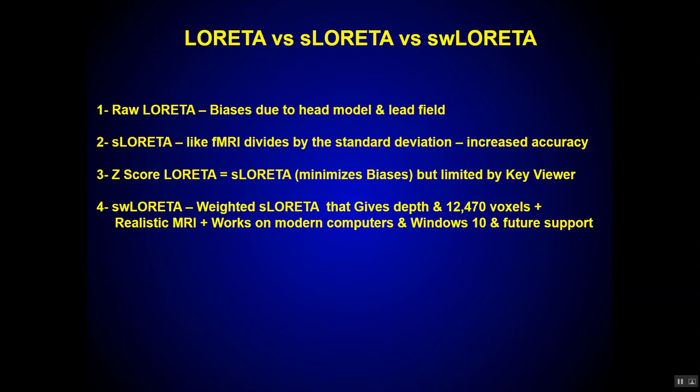So, for example, if you have a lot of current density in a small area with low variability, then you will see it. If you have high current density in a particular area with high variability, then you will not see it.